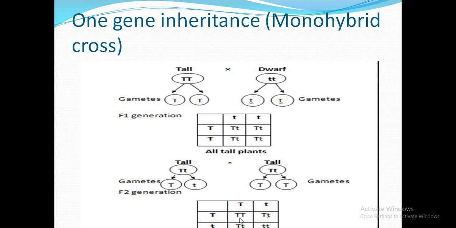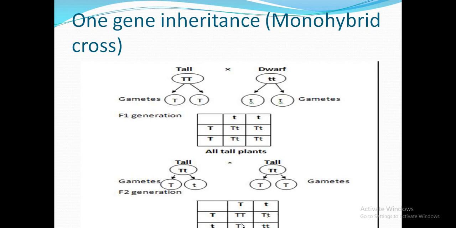In the F2 generation, he observed the ratio of tall plants, here you can see. All these are tall plants, and this is a dwarf plant. The ratio of tall plants to dwarf plants was 3:1, meaning there were three tall plants and one dwarf plant.